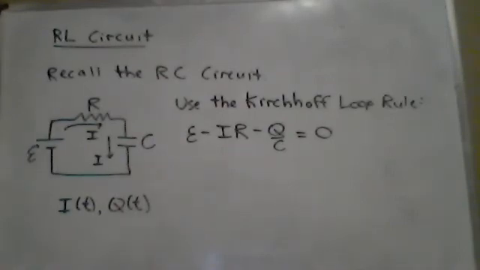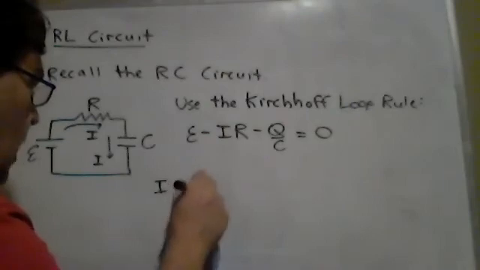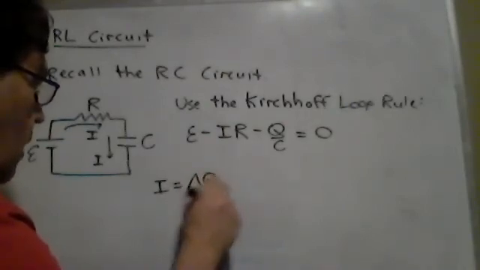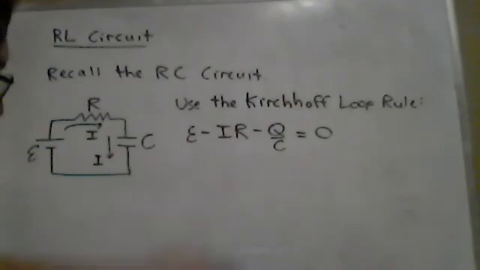What do I do? Well, I remind myself that I know the definition: current is the time rate of change of the charge. Let's do it in an instantaneous manner using differential calculus.